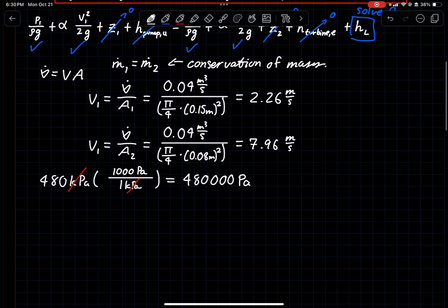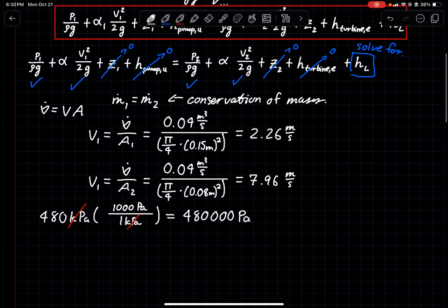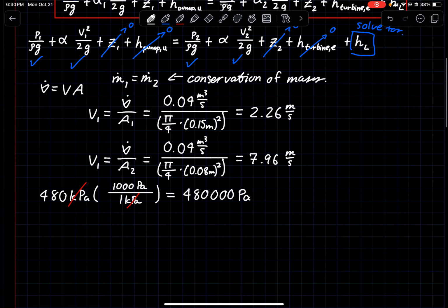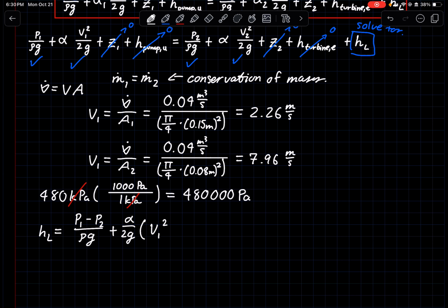So let's solve for H sub L algebraically. I'm just going to do that real quick. So H sub L, I'm just going to subtract P2 from both sides. So let's do P1 minus P2 over rho G, just grouping those together, plus alpha over 2G, and then V1 squared minus V2 squared.